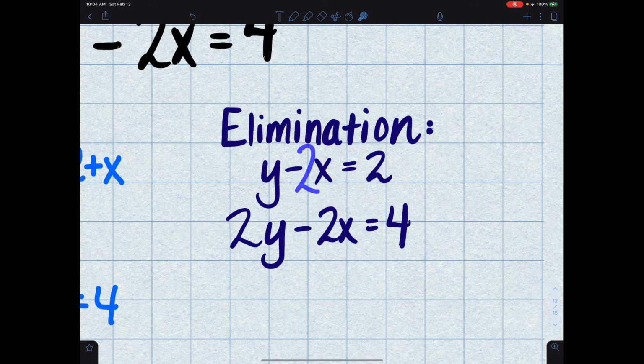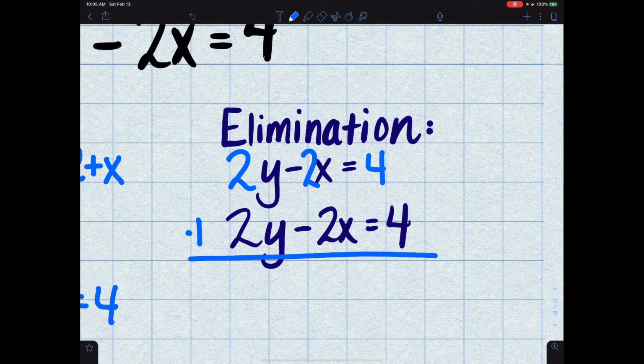So let's multiply this whole thing by 2. If we multiply that whole thing by 2, we get 2y minus 2x equals 4. And then if we add, we would have to multiply the other one by a negative 2. So make that a negative, and make that a positive.